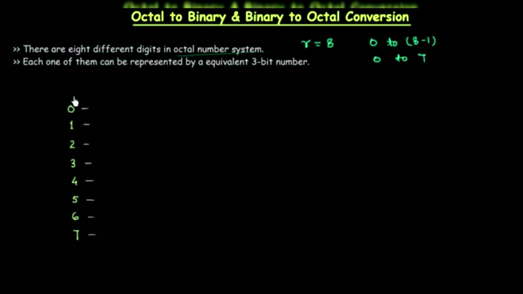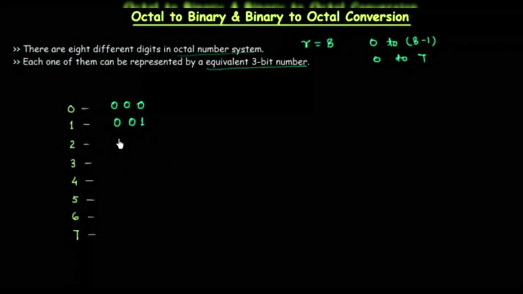I have already written the digits in octal number system 0 to 7, and each one of these can be represented by an equivalent 3-bit number. This is the most important part of this presentation. 0 I can represent by 0 0 0. 1 I can represent as 0 0 1.